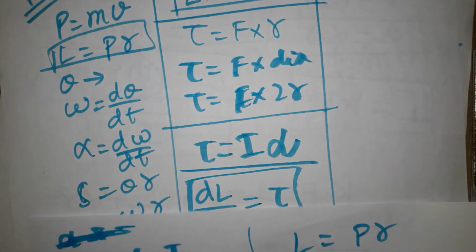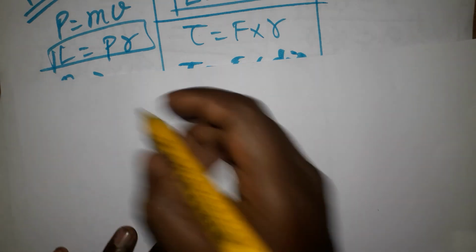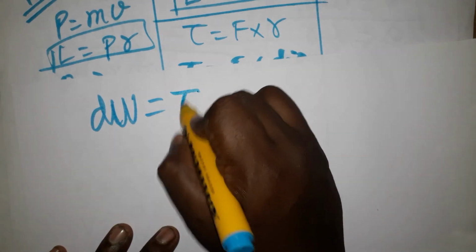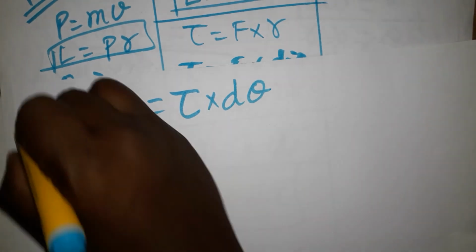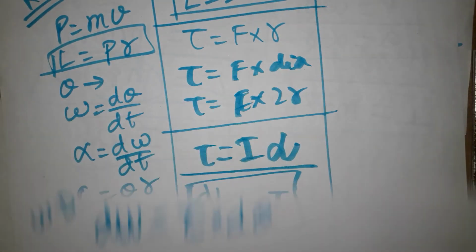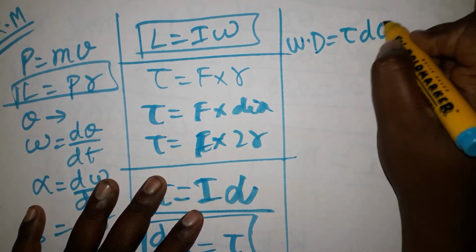Next, what are the work done and power in rotation motion? Work done is equal to force into displacement. Here force is torque and displacement is angular displacement, so torque into angular displacement is called work done in rotation motion. The other formula for work done in rotation motion is torque times d theta.